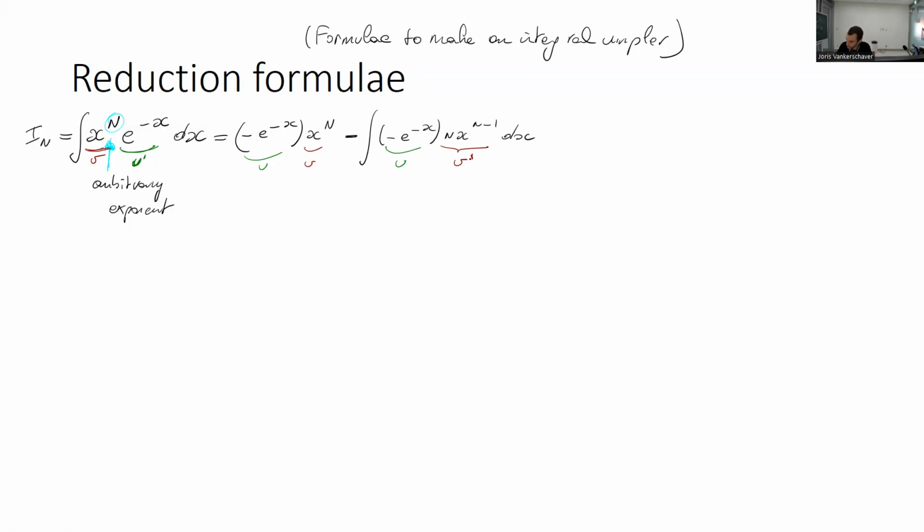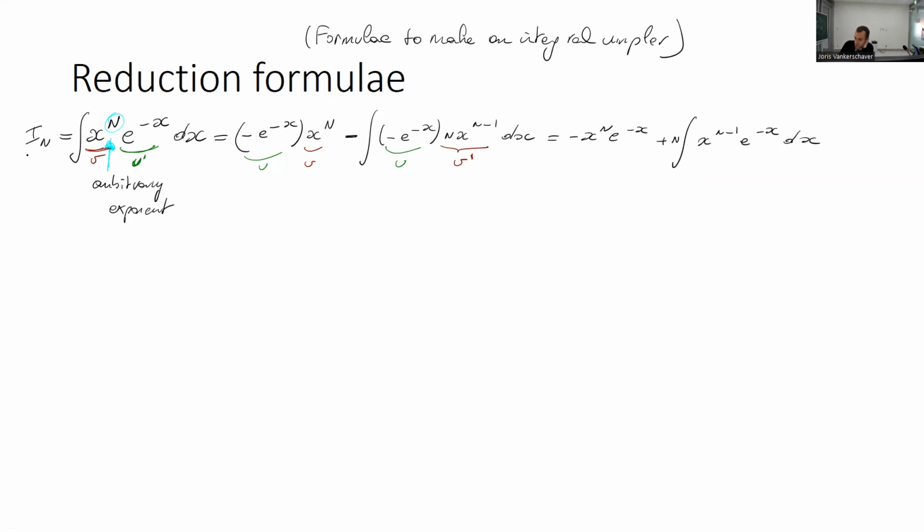So now let's clean that up a little bit. Let's write this as minus x to the n e to the minus x, and then plus n times the integral of x to the n minus 1 e to the minus x dx. So just some algebraic changes, some minuses that combine to give you a plus. Now let's look at what we obtained from this manipulation.